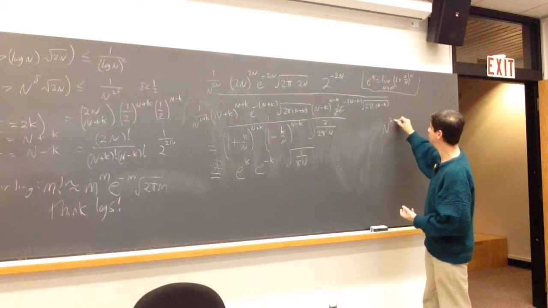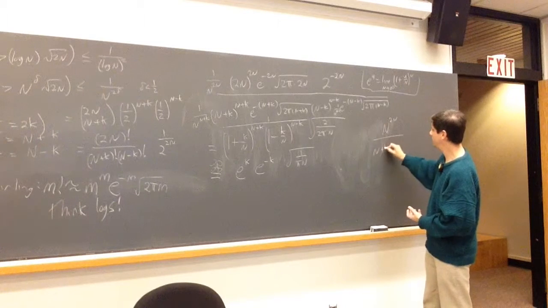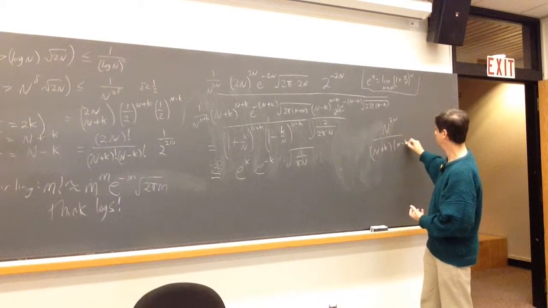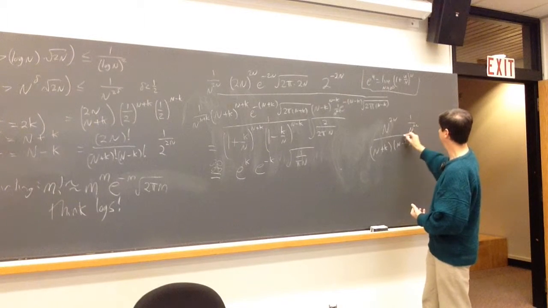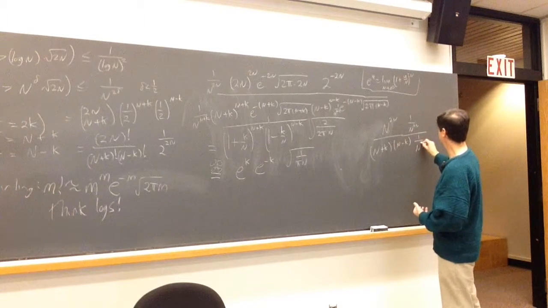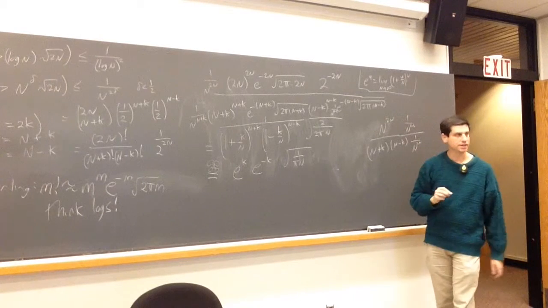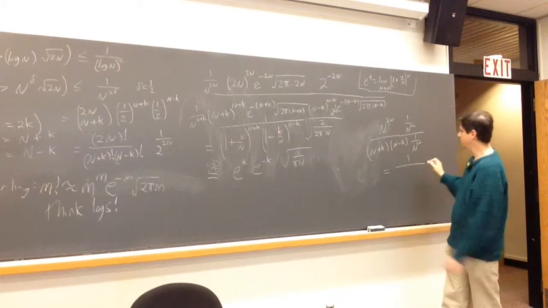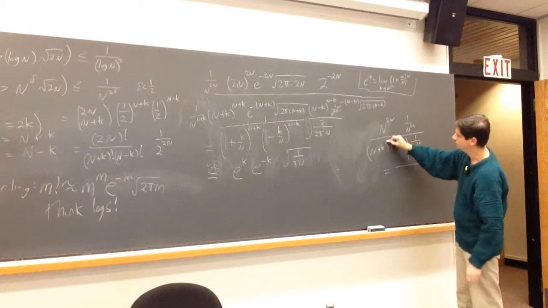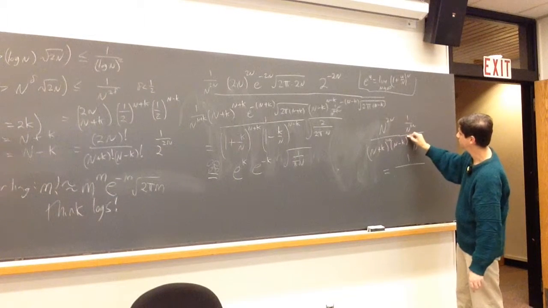We have n to the 2n over n plus k, n minus k. So I multiply by 1 over n to the 2n. The top now just becomes 1. And then down below, these were n plus k, this is n minus k.